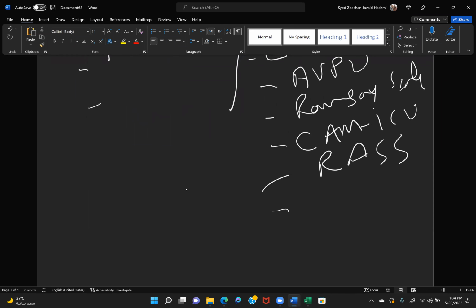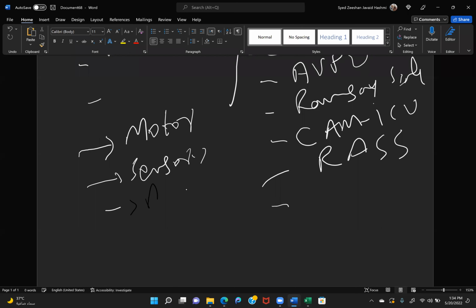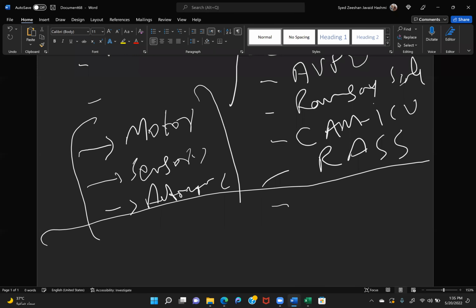This is to evaluate the motor, sensory and autonomic function. So this is how to evaluate the patient regarding the central nervous system.